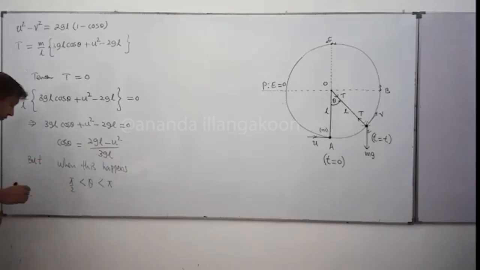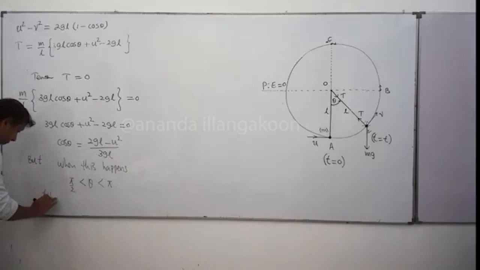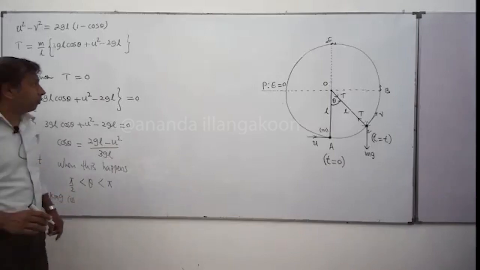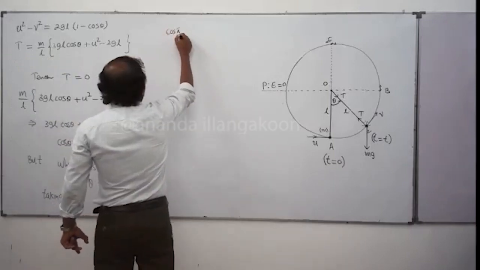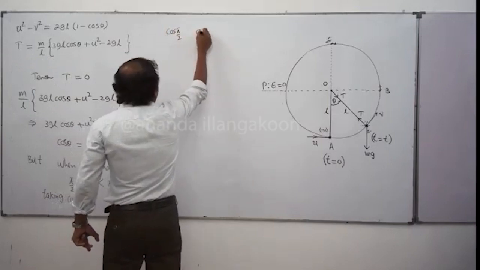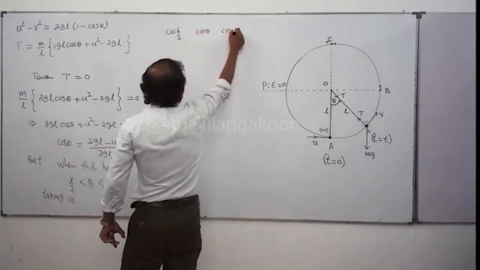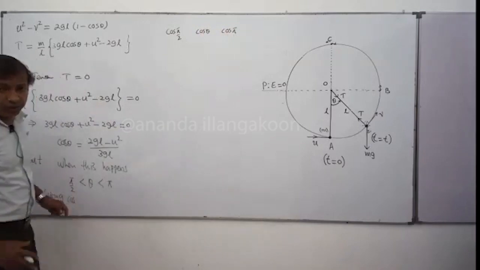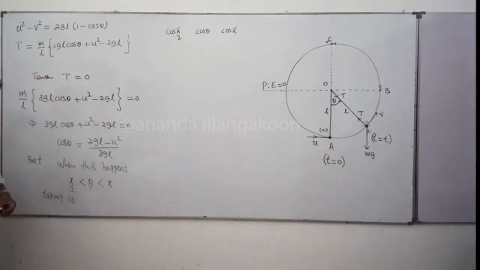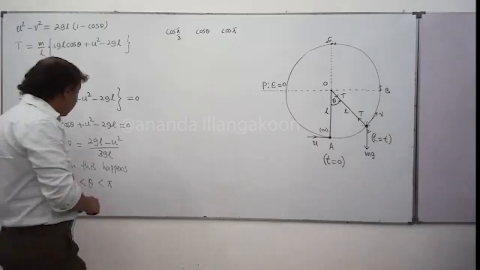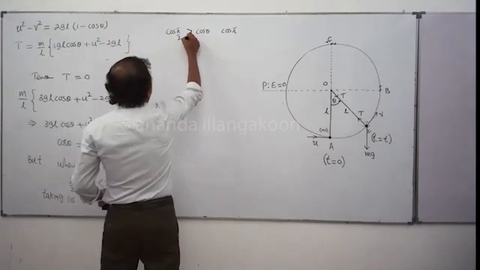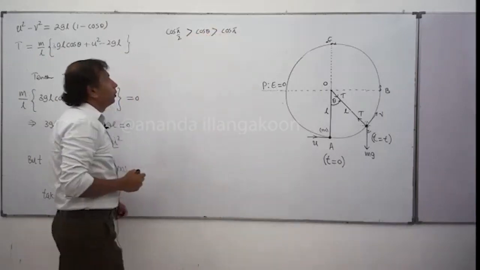Now take cos of this. What happens, people, in this inequality when you take cos? In this angle inequality, when you take the cosine, the direction gets opposite.